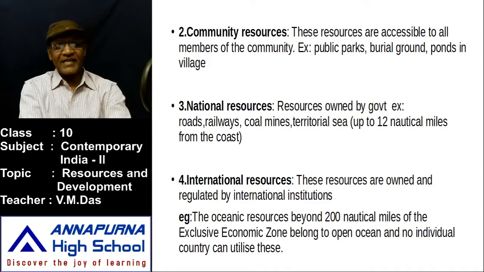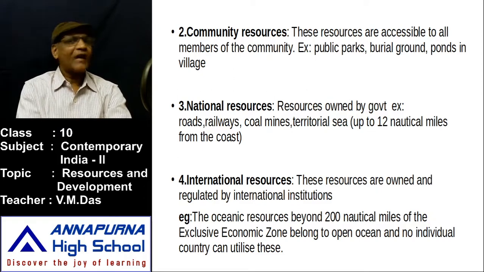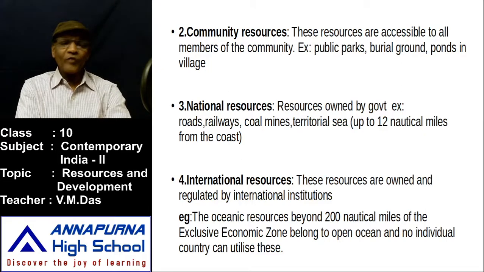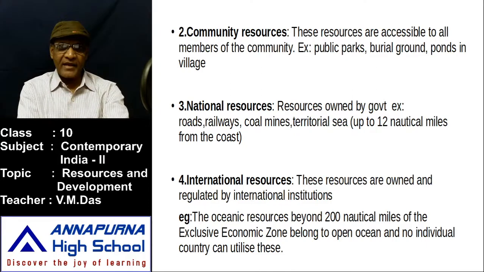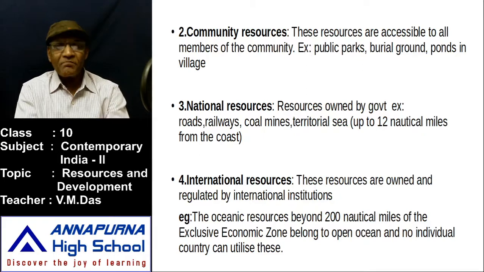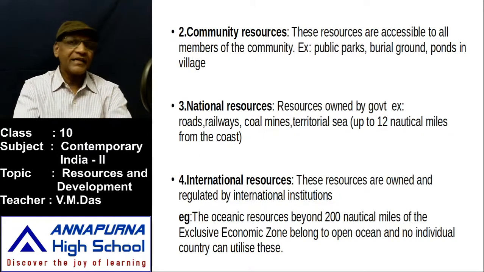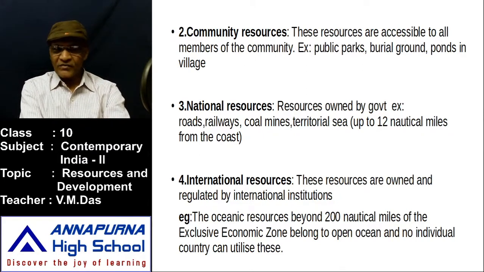Over these, individual countries do not have powers at all. But who will regulate them? They are regulated and controlled by international institutions like UNO. Have you understood, my dear?